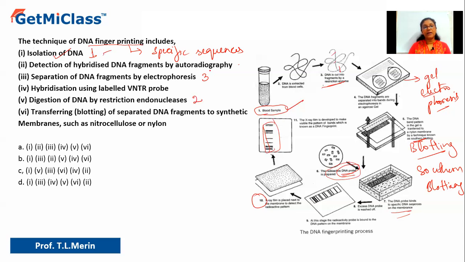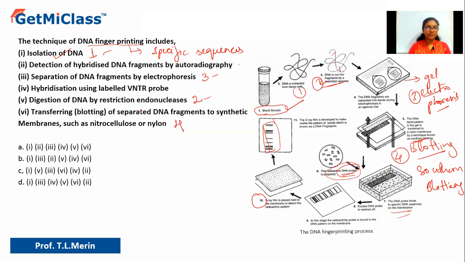So first you isolate, then you use a restriction endonuclease to break them into fragments, and then you run electrophoresis. Then transferring or blotting of separated DNA fragments to a synthetic membrane such as nitrocellulose or nylon. This is the fourth step.